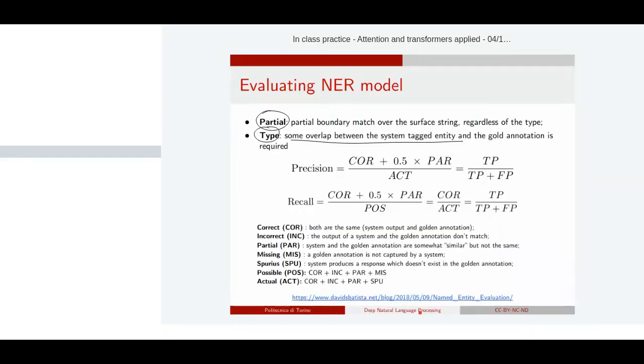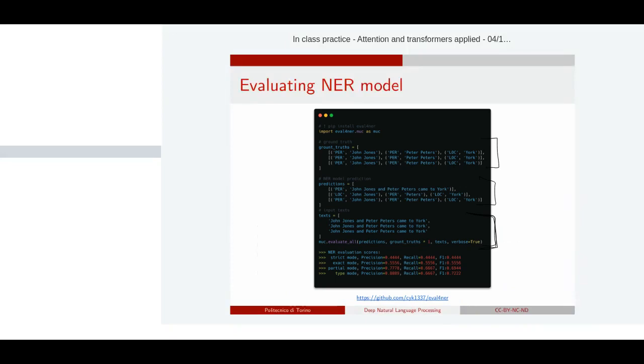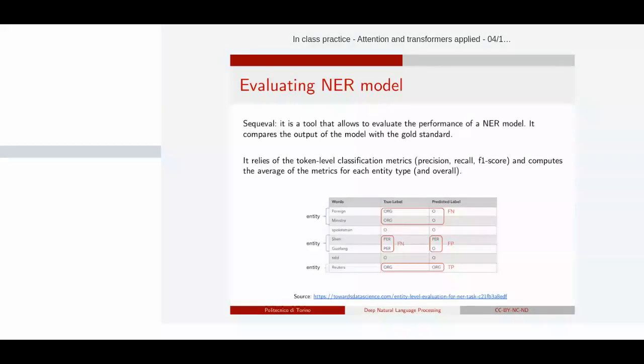So the idea is that those metrics are able to take into account partial overlap of the entities or complete overlap or no overlap within them, and compute those kind of metrics in different modes. So in strict mode, exact mode, partial, and the type. So just matching the type and not the overlap of the sentence. You have a tool to do this, and you can use it if you need to evaluate NER systems.